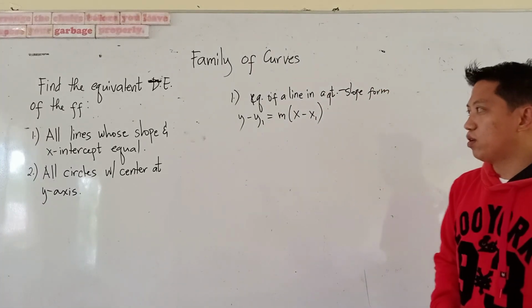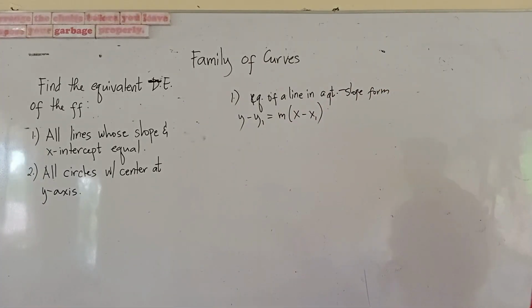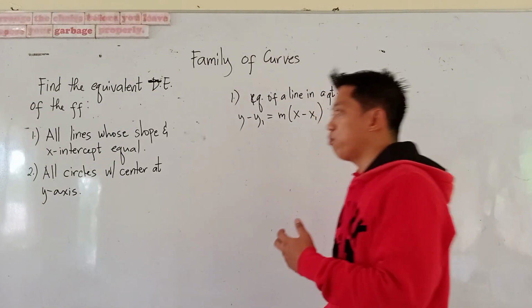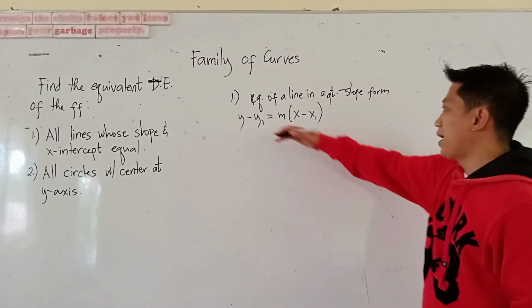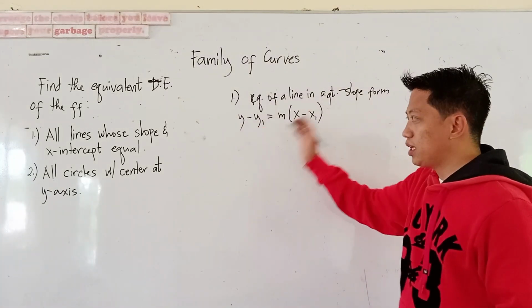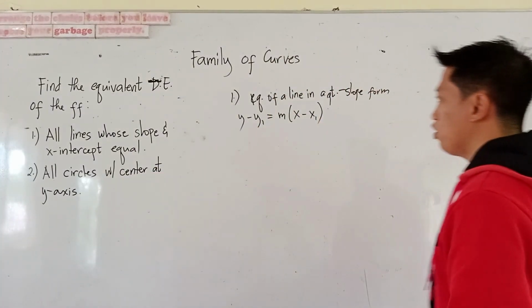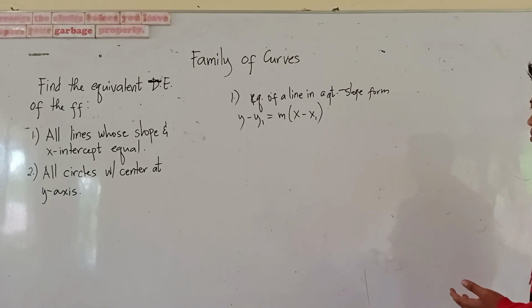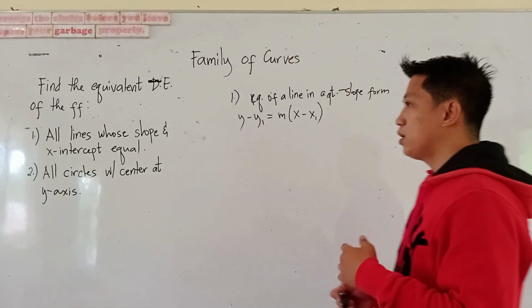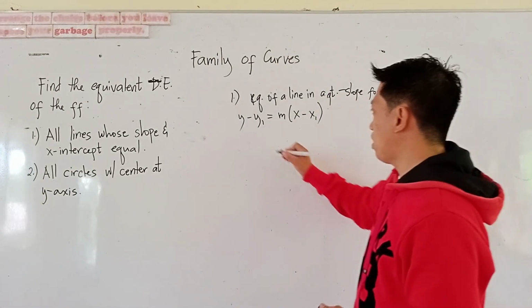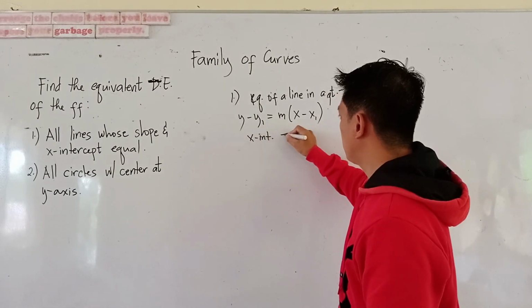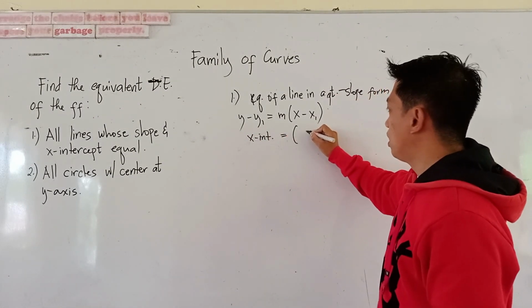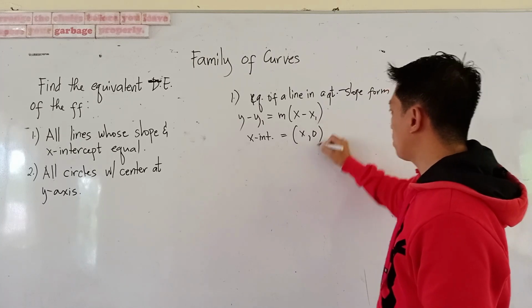Since the given mga boss is we have x-intercept and slope, so we are going to simplify our equation using the x-intercept. So ano ba yung point kung meron tayong x-intercept? Or ano ba yung coordinate ng x-intercept? So our x-intercept, that is x, 0.